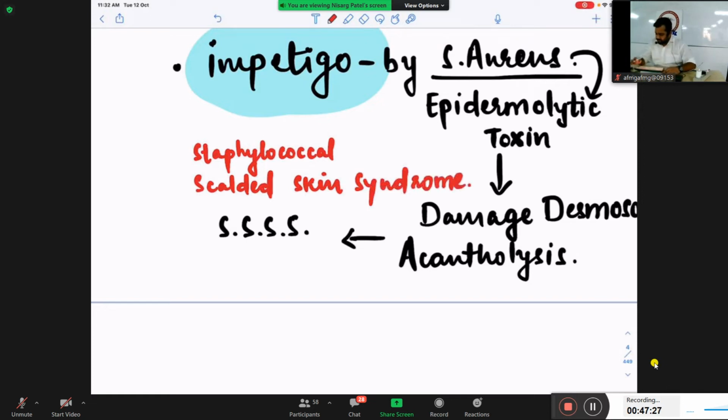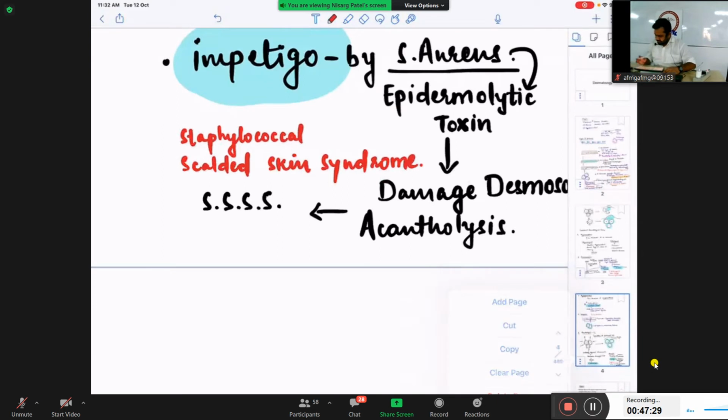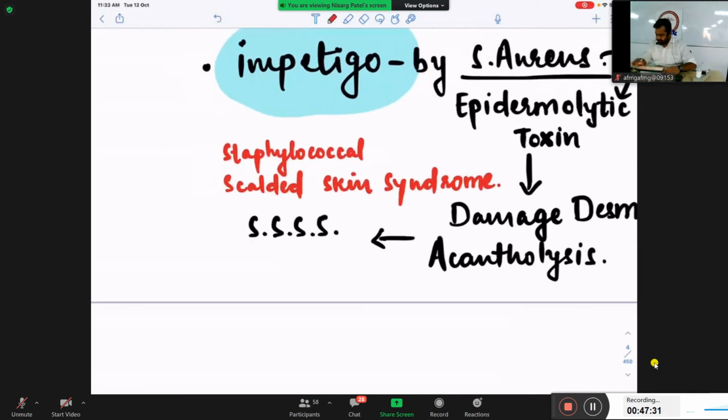It is a staphylococcal scalded skin syndrome.